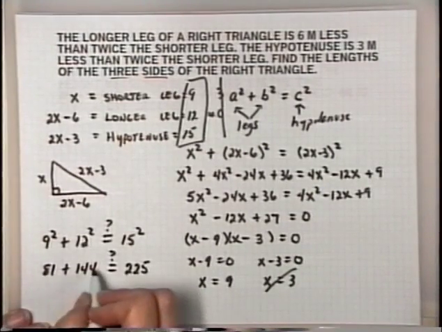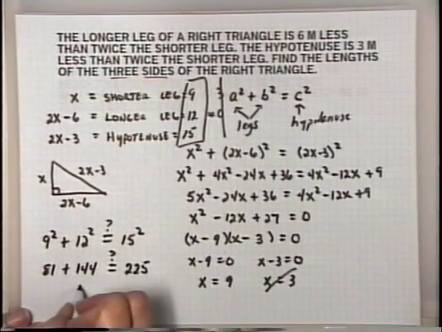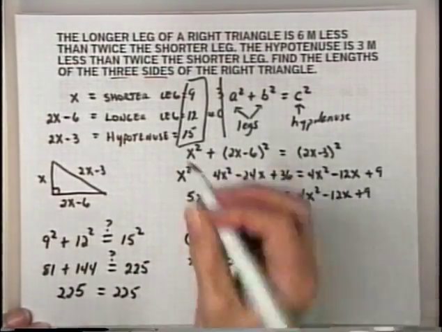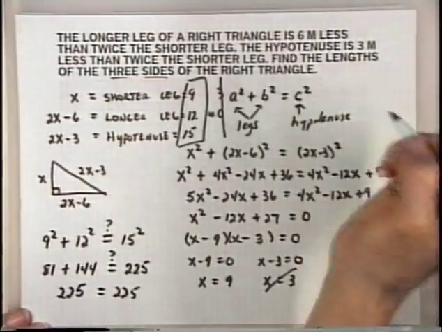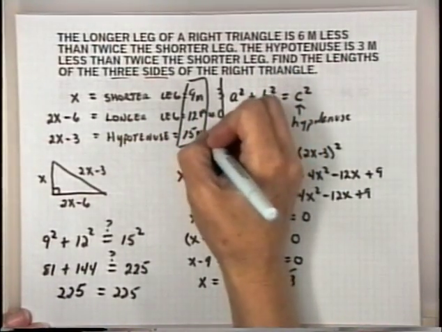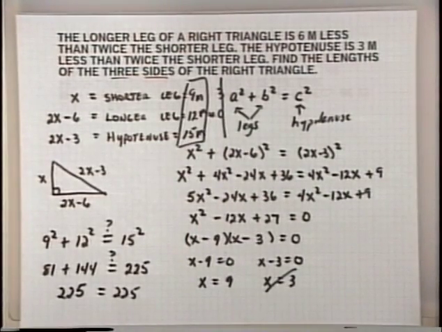If I add 81 to 144, I do get 225. So these numbers are correct. Our measurement was in meters. So 9 meters, 12 meters, and 15 meters would be the lengths of the three sides of this right triangle.